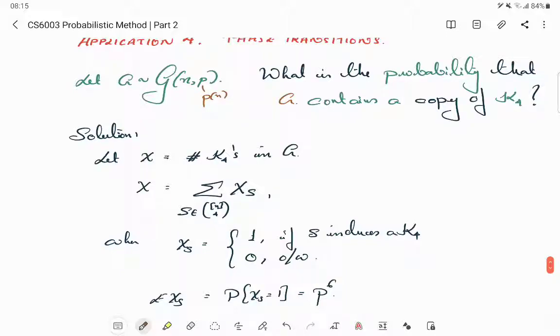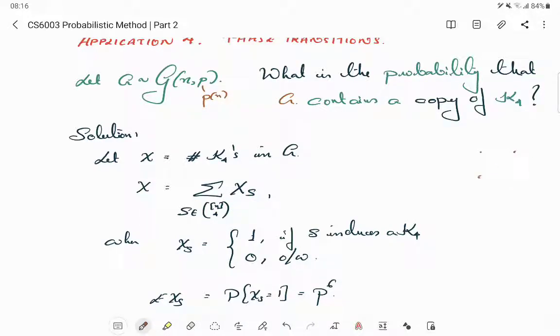So how do we attack such a problem? How do we estimate the probability that G contains a copy of K4? So let's set up a random variable X which counts the number of K4s in G. Why do we do that? Because X is easy to write as a sum of simpler random variables, where you pick for each set of 4 vertices, you define a random variable XS.